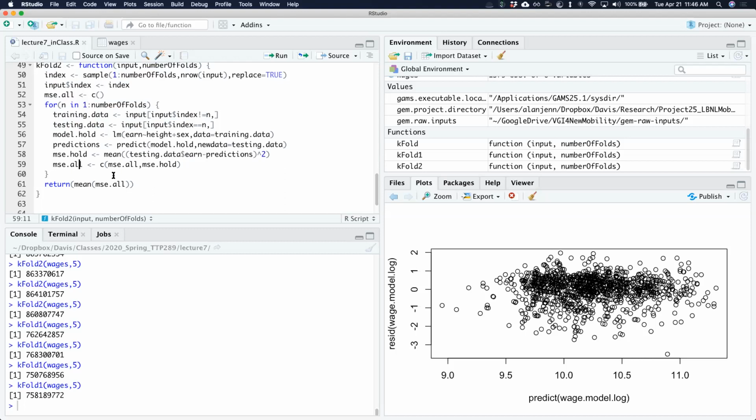And we're going to see lots of different ways we can exploit this in coming lectures to not only diagnose our model, but to help with things like model selection.